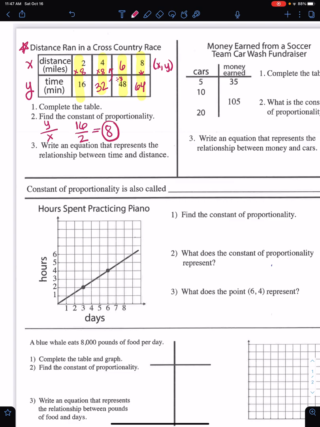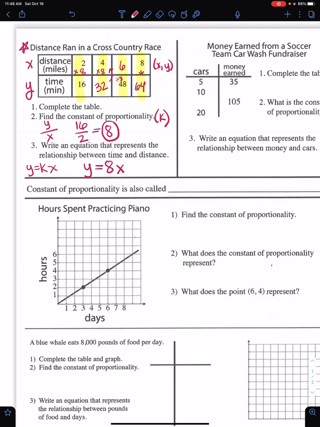It says write an equation that represents the relationship between time and distance. So the equation that we're trying to go for here is y equals kx. Remember that the k is the constant of proportionality. So I'm just going to keep y and x as y and x and replace the k with the constant of proportionality.